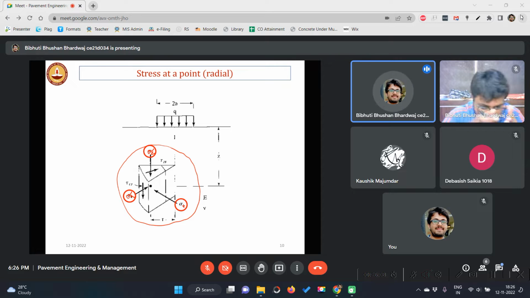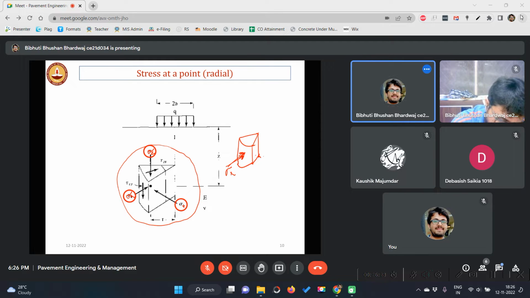If you take a slice like this, whatever acts radially to the center of the slice is sigma r. Whichever acts tangentially to the slice is sigma t, and whichever comes from the top is sigma z.